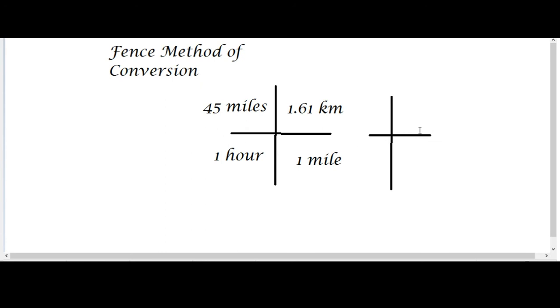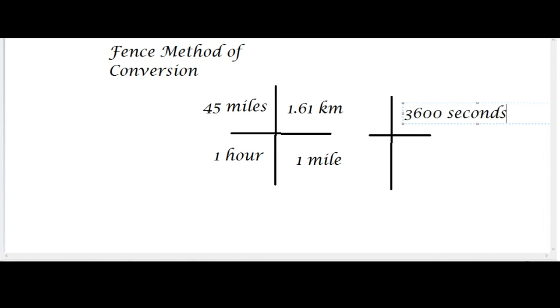And to convert our hour into seconds, we know that there are a total of 3,600 seconds in 1 hour.